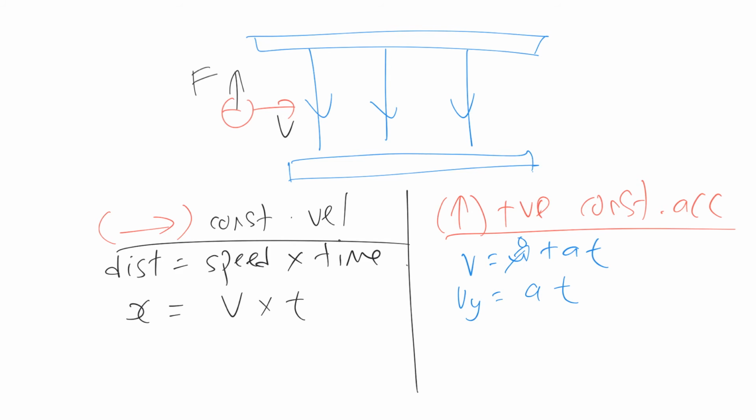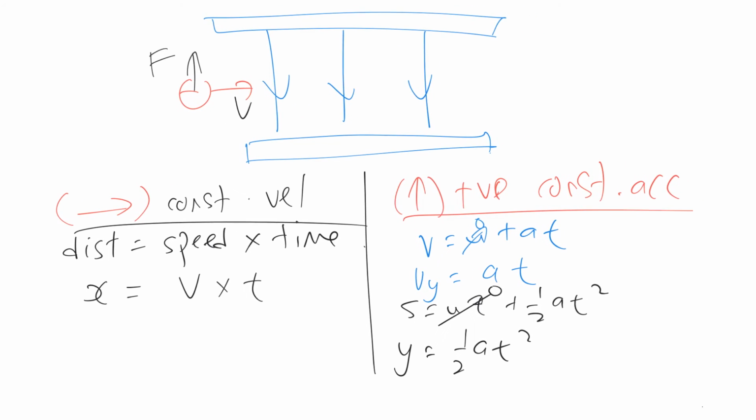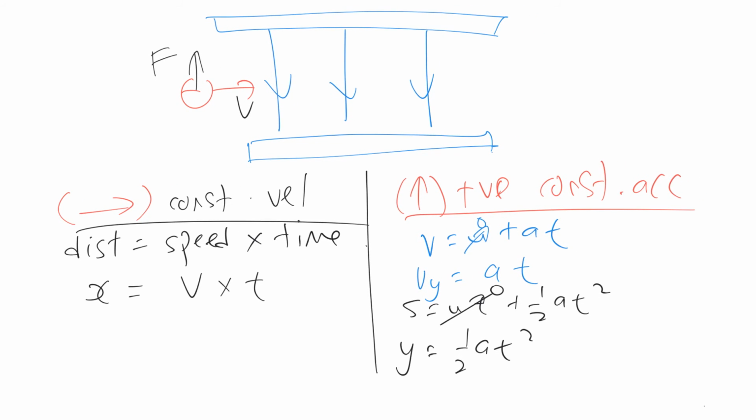Now, if you use another equation, s equals ut plus half at squared, same thing, the u is 0. So the vertical displacement y will be just half a t squared. And you can repeat it for the other equations. For example, let's say you want to use v squared equals u squared plus 2as. So this will be vy squared equals 0 plus 2ay.